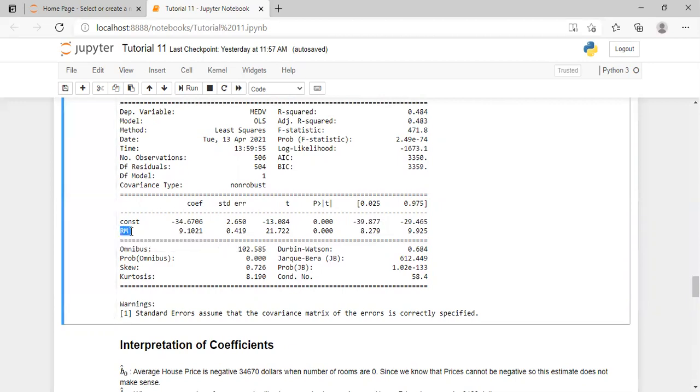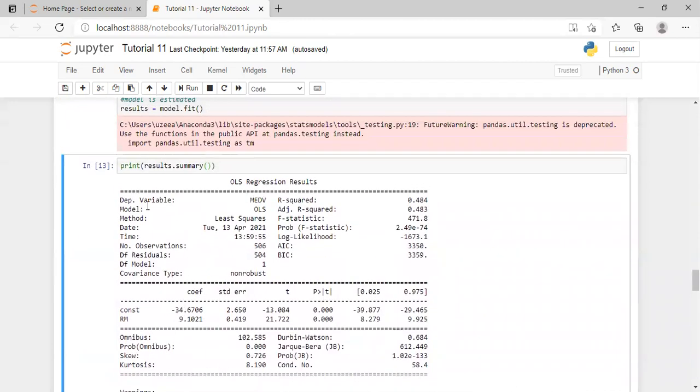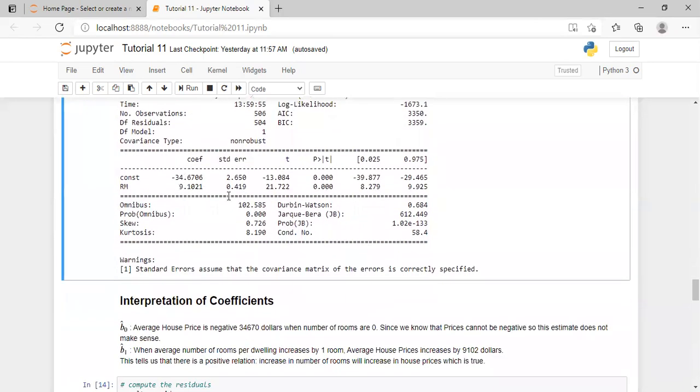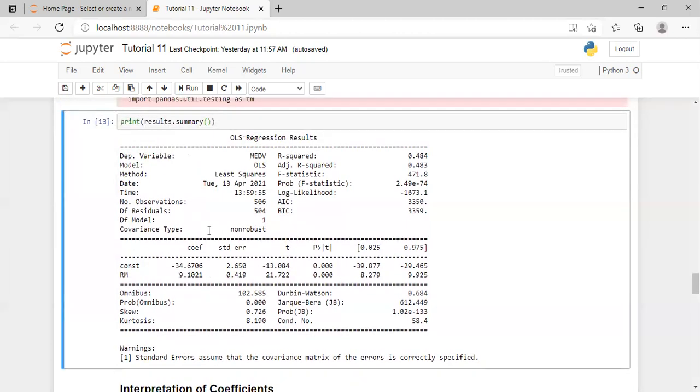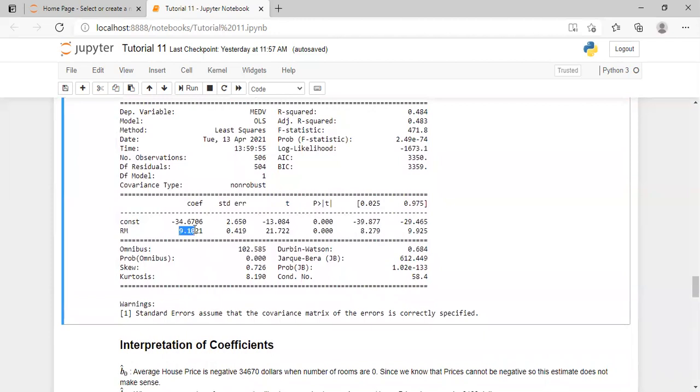Next, the RM coefficient. This tells us that when we increase the number of rooms by 1 unit, there's an increase of $9,000 in the price of the house. So if we increase the rooms of a house by one room, the house price would increase by positive $9,000.